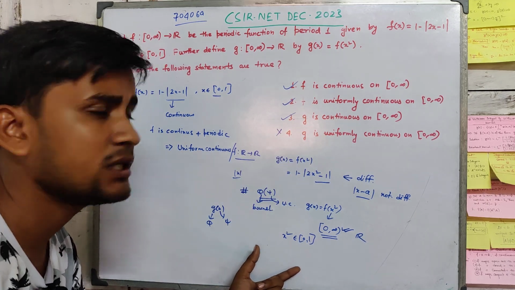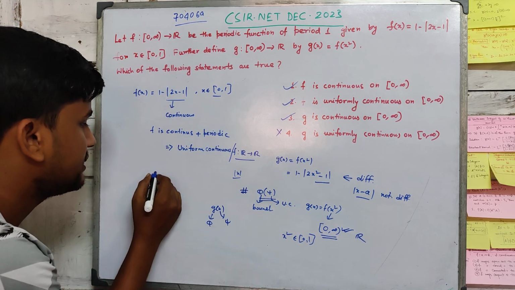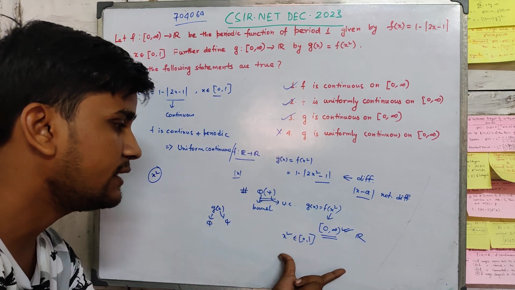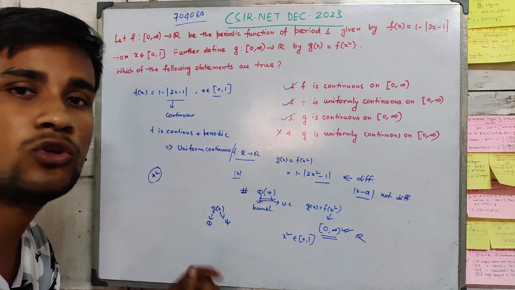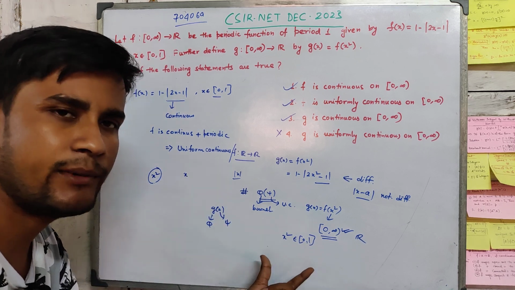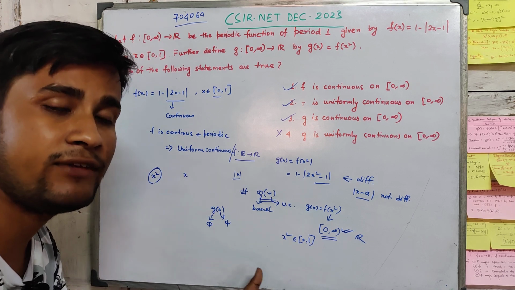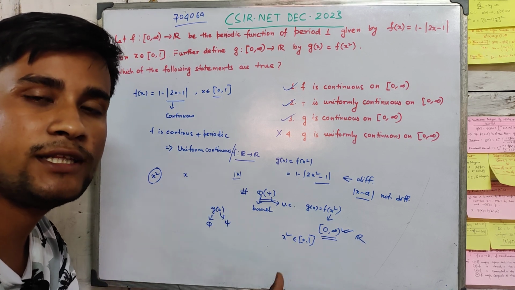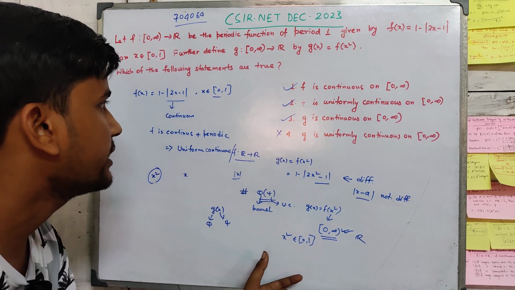Another approach: in the interval 0 to infinity, the quadratic function x square, and we all know that a quadratic function on R or any infinite subinterval of R is not uniformly continuous. Only linear functions are uniformly continuous throughout R and any subinterval of R, but the quadratic function is uniformly continuous only on a finite, closed or bounded subinterval of R.